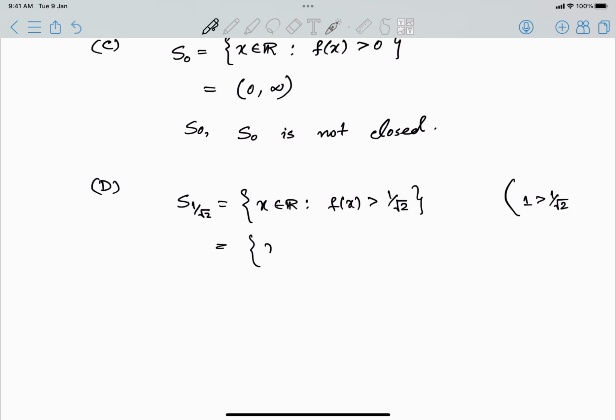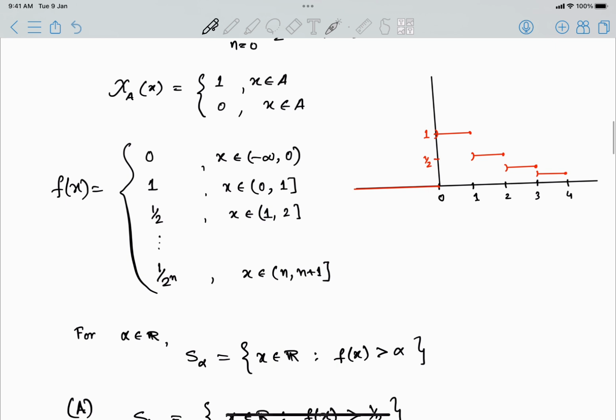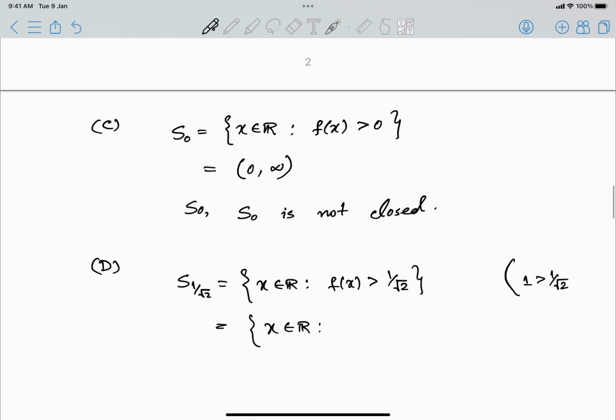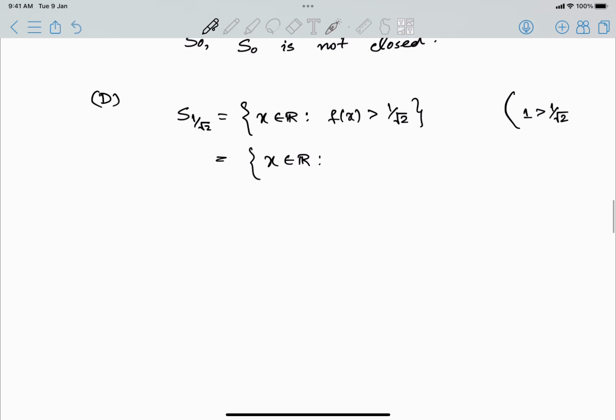Because 1 by root 2 is somewhere here, only the points where it takes the value 1 will be there. So this set is the same as f(x) equals 1.